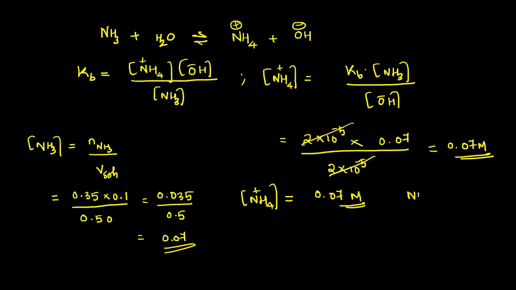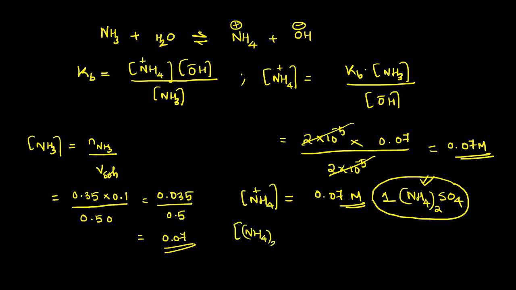Now if I write the formula of ammonium sulfate, NH4 twice SO4. In one molecule of ammonium sulfate, how many NH4 are there? 2. Right, 2 NH4 are there. So if we get the concentration of NH4 plus as 0.07, what will be the concentration of NH4 twice SO4?